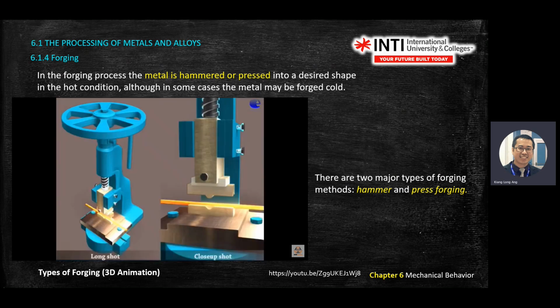Just now before this one, these two are hammer. This is press. You look at the die shape and the products.